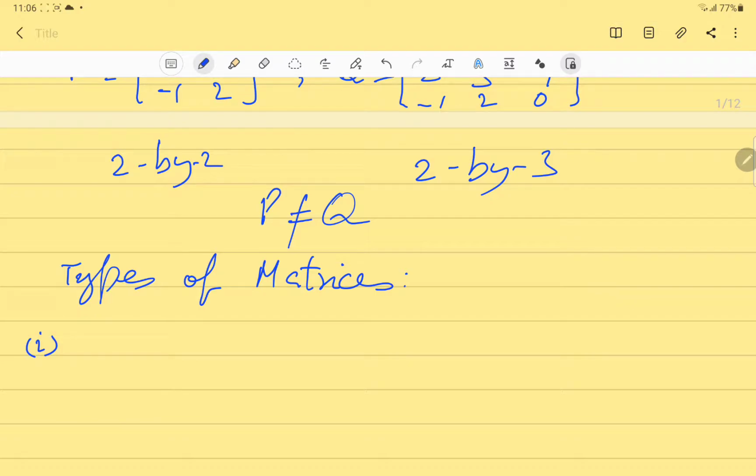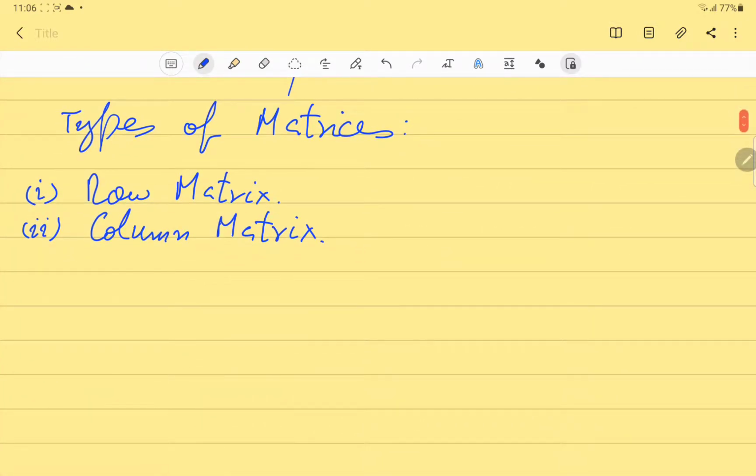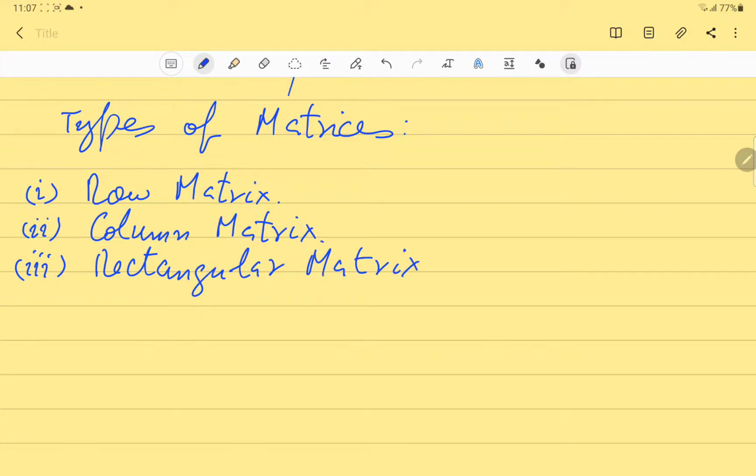The first type is row matrix. The second type is column matrix. The third type is rectangular matrix. Then the fourth type is square matrix.